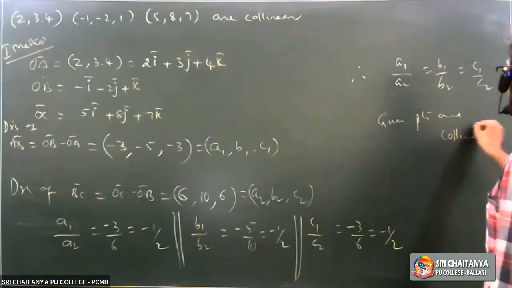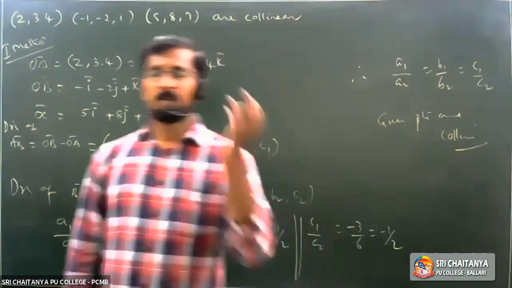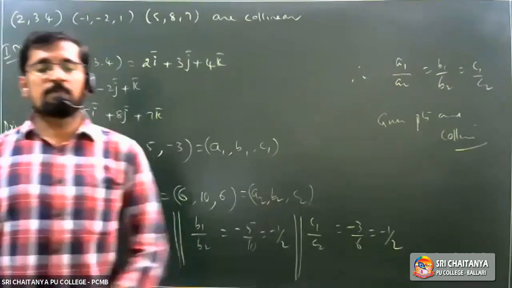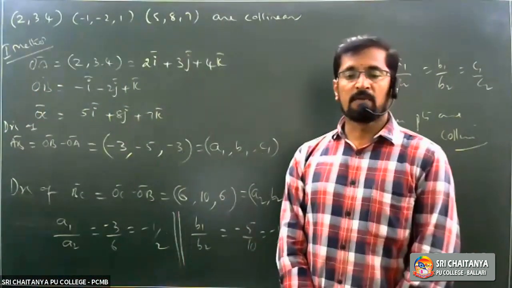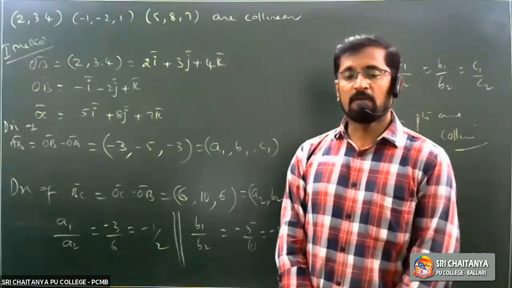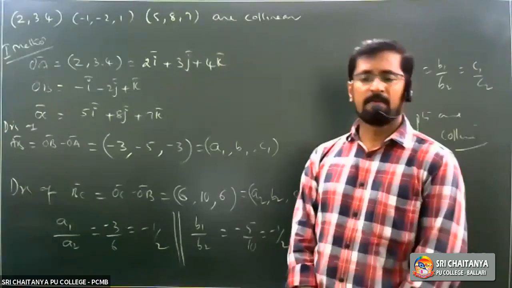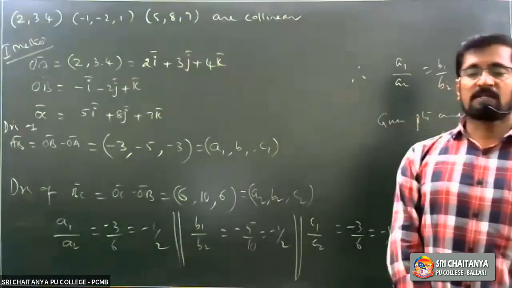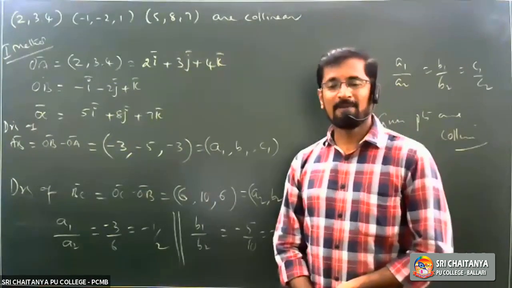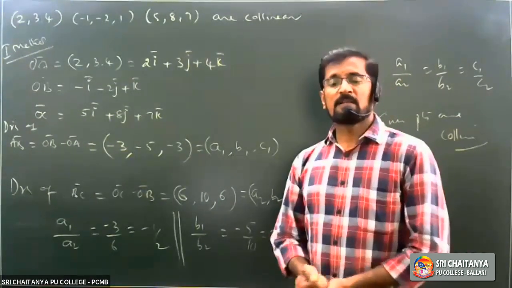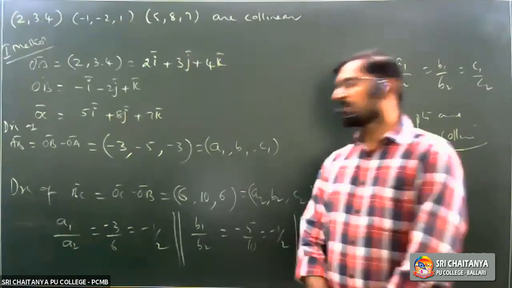collinear. I am going to repeat this problem once again. Consider the first point as OA bar, OB bar and OC bar. Find DRs of AB bar, which is OB bar minus OA bar, which is x2 minus x1, y2 minus y1, z2 minus z1 formula. Now DRs of BC bar is OC bar minus OB bar, the same formula.